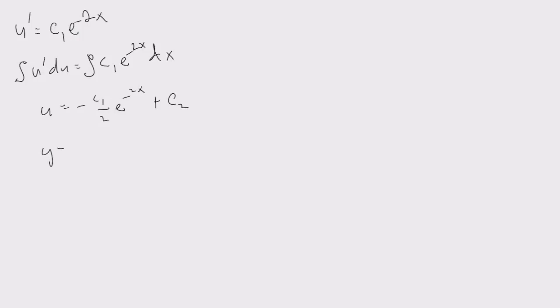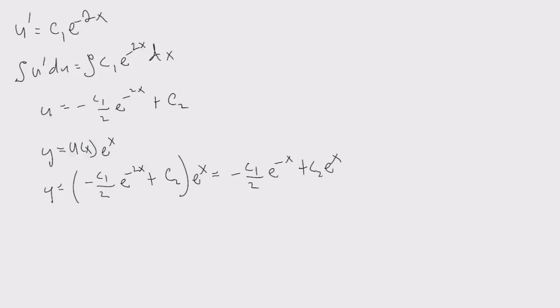Since y was equal to u of x e to the x, and I now have an expression for u of x, that would give me negative c1 over 2 e to the negative 2x plus c2 e to the x, which is negative c1 over 2 e to the negative x plus c2 e to the x.